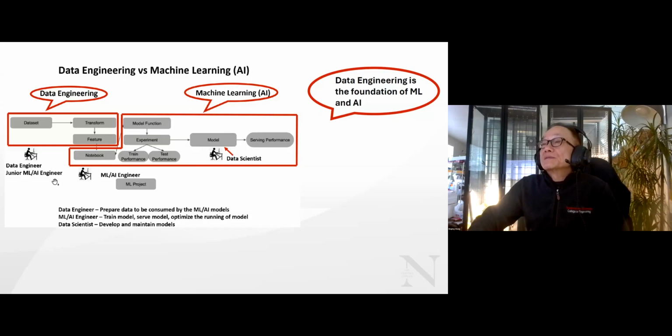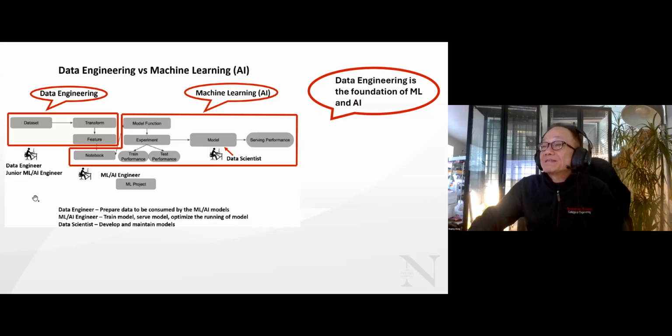We need to first get data from a variety of our systems, a variety of data sources, to prepare the data to be consumed by the model. Along the way, in addition to getting data from original data sources, we may need to do some transformation.